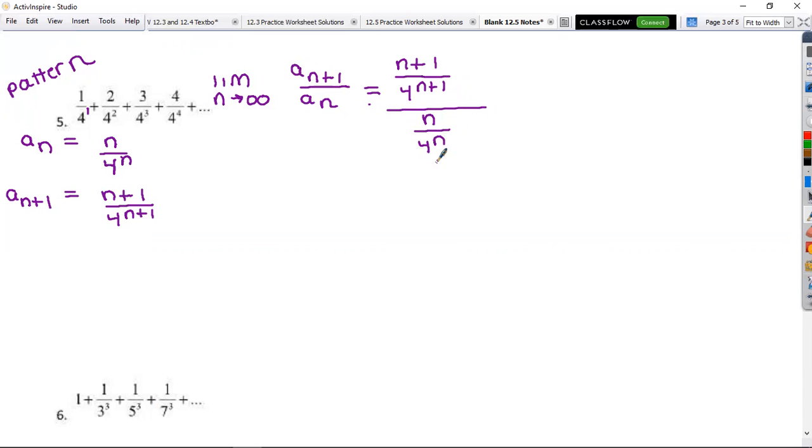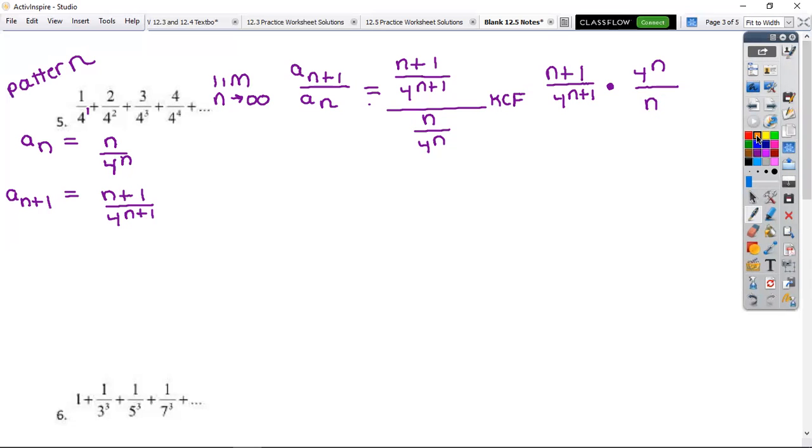And again, your goal is to try to get something to cancel out of this. So I'm going to do a keep, change, flip. So the first part is still n plus 1 over 4 to the n plus 1, and then I'm going to go times 4 to the n divided by n. You can do something with your exponent. Let's see if you guys remember this from the past. So I can distribute this.